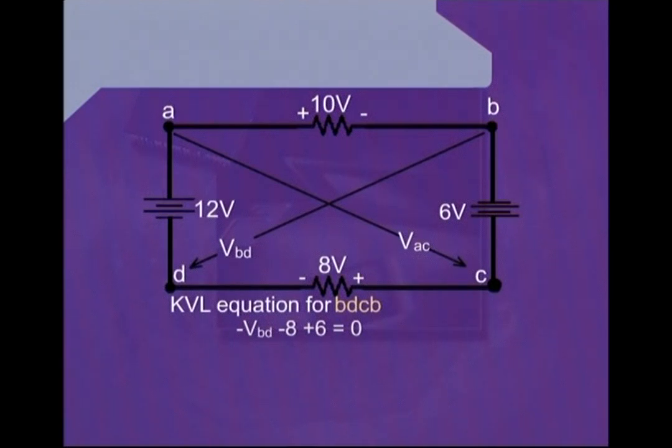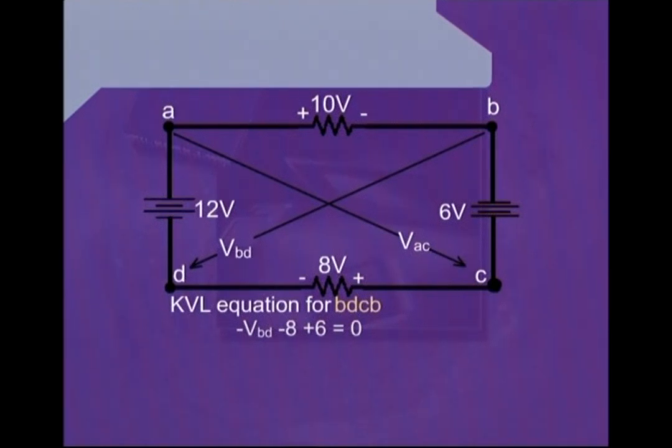After reaching the point D, we will be facing towards the point C, and we can see that there exists a resistance between the points C and D, and the voltage drop across this resistance has been given as 8 volts. Also, the terminal towards the point D has been marked as negative. Therefore, we will write minus 8. We go through this resistance and reach the point C.